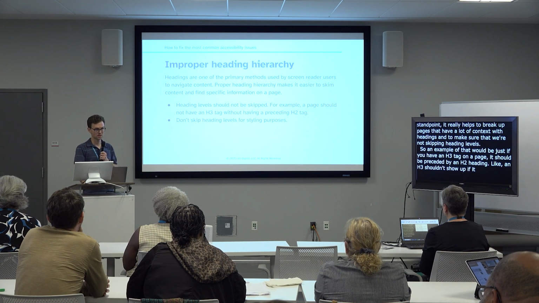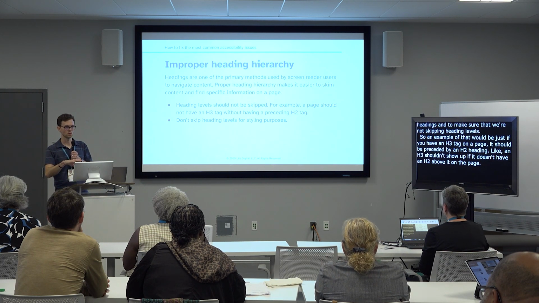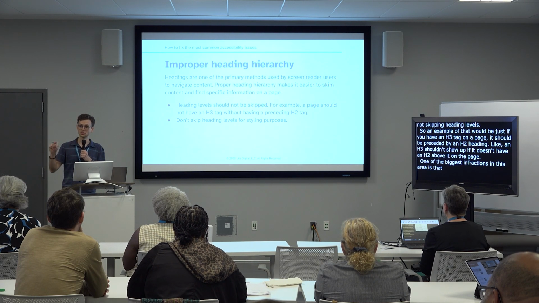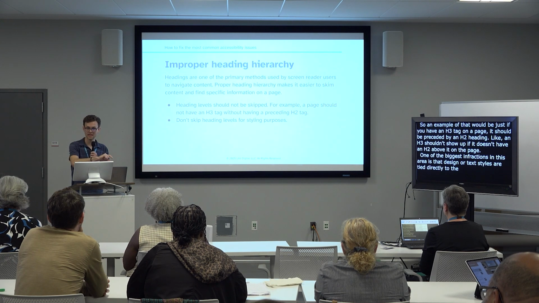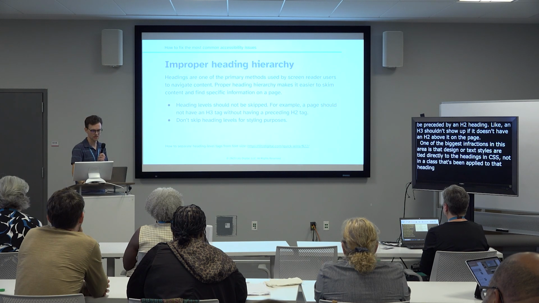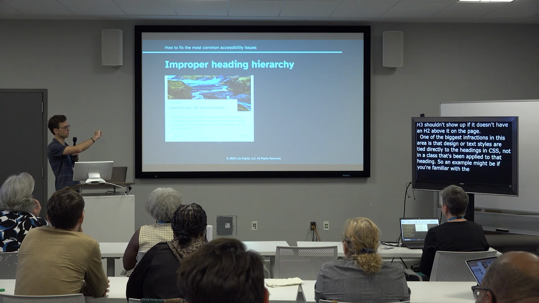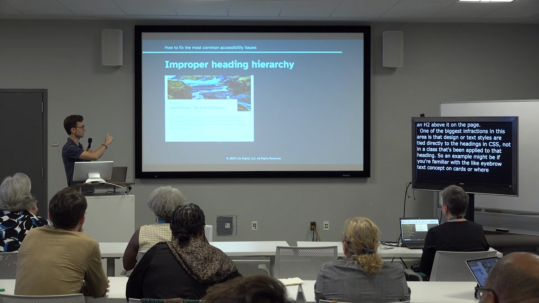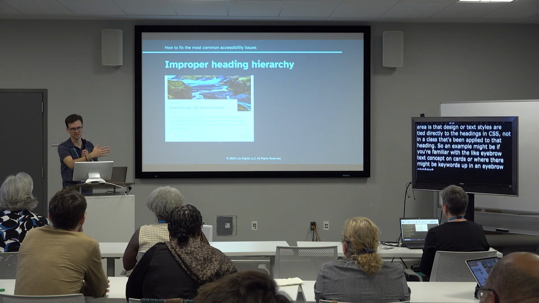One of the biggest infractions in this area is that design or text styles are tied directly to the headings in CSS, not a class that's then applied to that heading. So an example of this might be if you're familiar with the eyebrow text concept on cards, where there might be keywords up in an eyebrow text, something like that backpacking text would be applied with an H6 style.